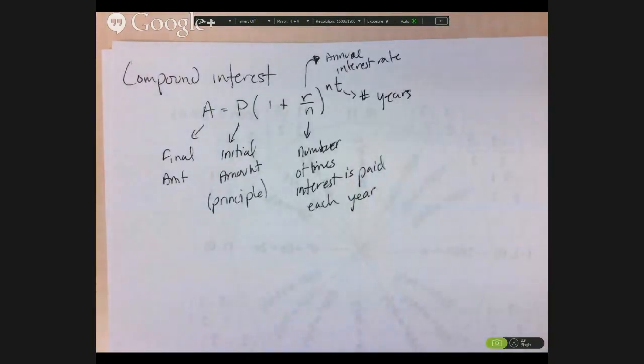So if you have a bank account and they say you have an annual interest rate of 5% compounded monthly, N would be 12. So you gotta be careful there because they'll change the units on you. Like I said, you can't really add or subtract from your account for this to work.